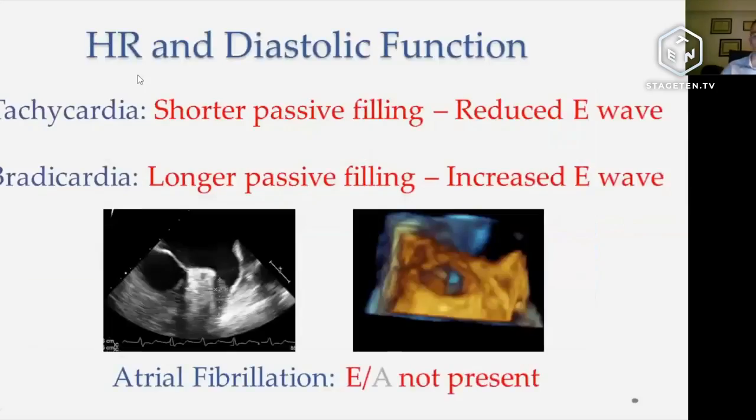And this is because the heart rate during exercise increases. And you know that tachycardia allows for shorter passive filling, therefore there is a reduced E wave, while bradycardia allows longer diastolic time, longer passive filling, increased E wave.